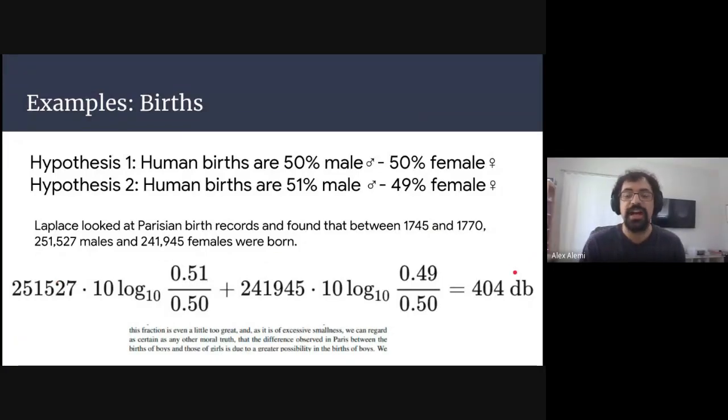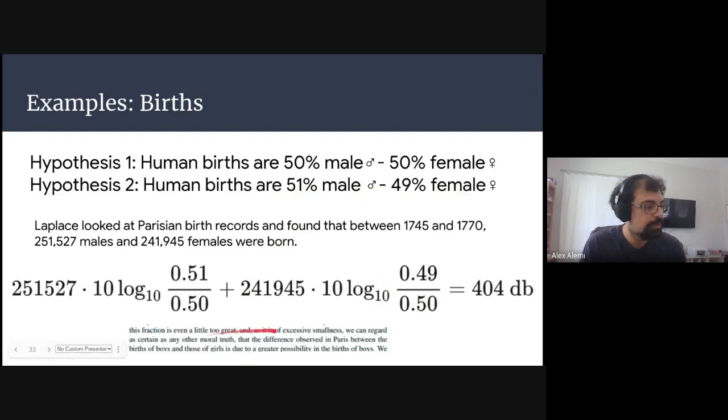That is an astonishing amount of evidence. That is a probability of like 10 to the something ridiculous. I should have actually put it on the slide. You can be dead to rights sure that the hypothesis that human births are 51% male versus 49% female, I think I screwed up the order here, is way, way, way more likely than their 50-50.